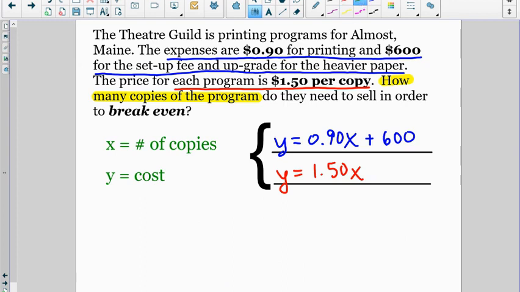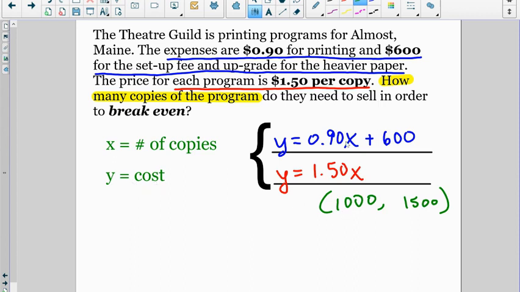So my solution, 1,000, 1,500. So keep in mind what these numbers represent. If 1,000 is the x value, that's the total number of copies. 1,500 was the y value, that's the total cost.